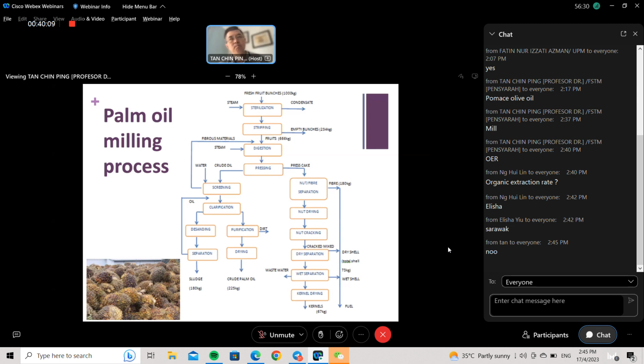If you look at the FFB, it is usually big, about 20-30 kilogram, one FFB bunch. Inside they have a few thousand, 2,000 to 3,000, fruitlets, depending on how mature or the age of the tree. The younger tree usually gives you a slightly smaller bunch, but those already a few years old start to give you quite a big bunch.